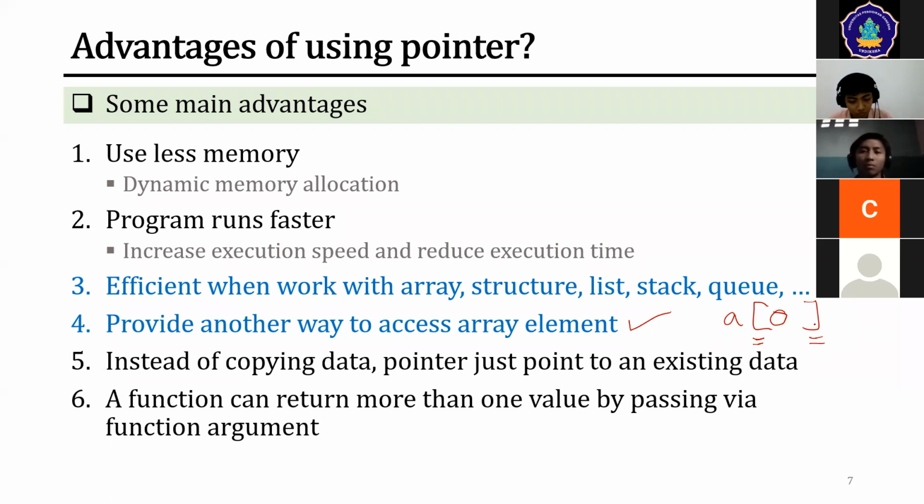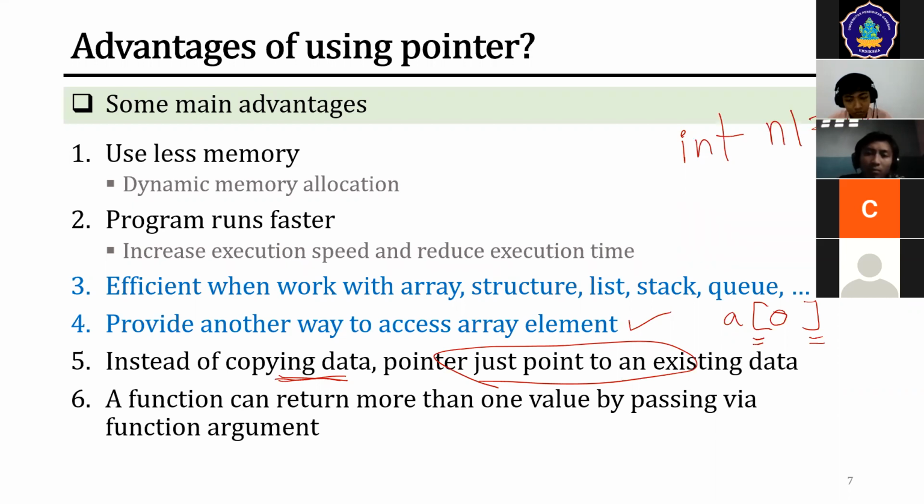Another advantage is that a pointer does not copy the data, it just points to the existing data. What does it mean? For example, before you use pointers, you create a variable, say n1, an integer n1 with the value 10.